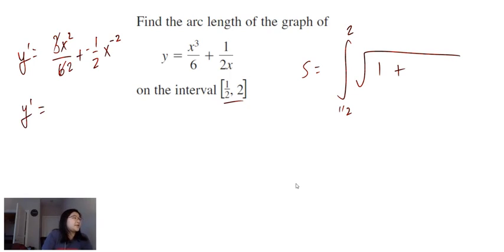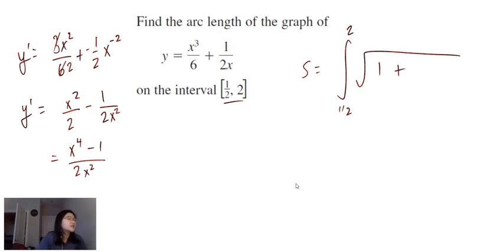So y prime is x squared over 2 minus 1 over 2x squared. I guess we can combine these two fractions. We get, what, x to the 4th minus 1 over 2x squared.